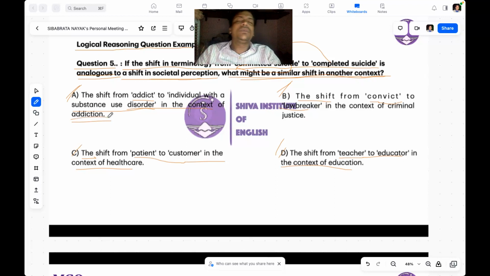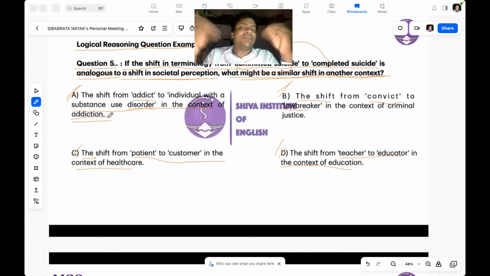Now, if you look into this particular question, we can get that these four options somehow make a kind of analogy. But if you observe on the basis of logic, option A seems a kind of appropriate one.